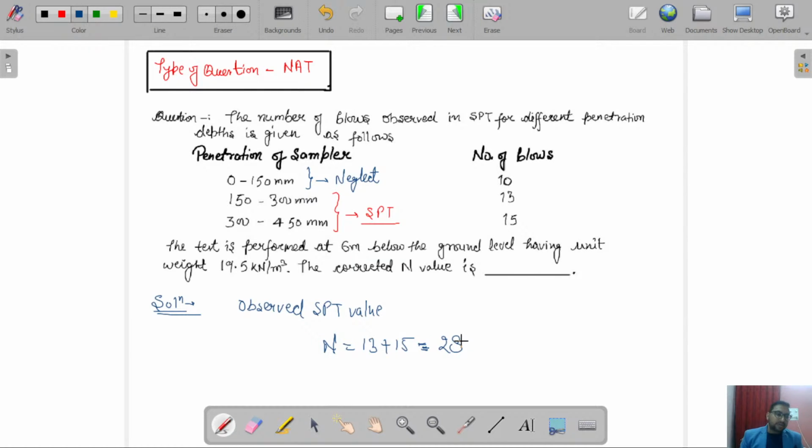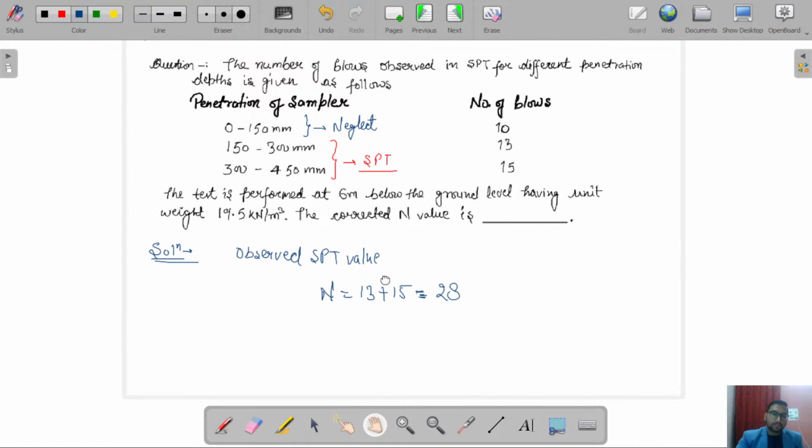Is this our corrected N value, or will there be correction required? What are the corrections required on your SPT value, Riya? Can you give me the answer in the comment box? Which are the corrections required on your SPT value, observed N value? Your first correction is overburden correction.